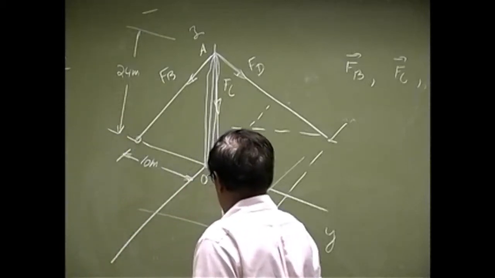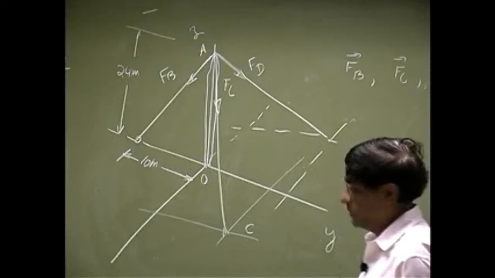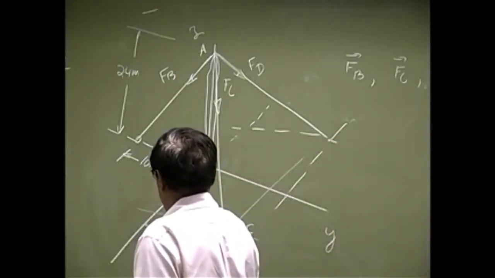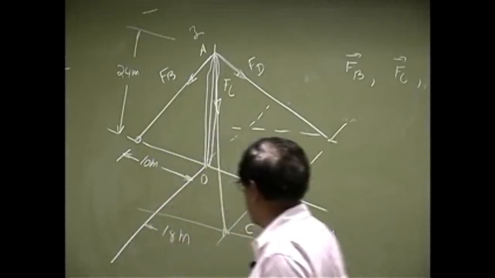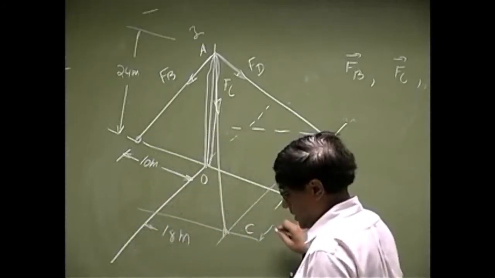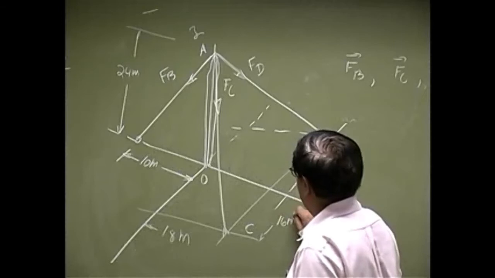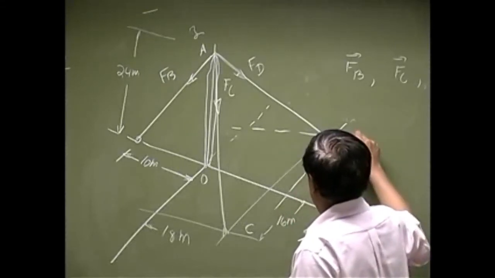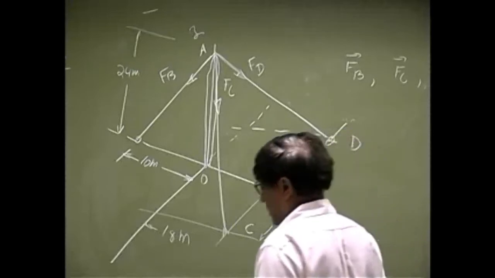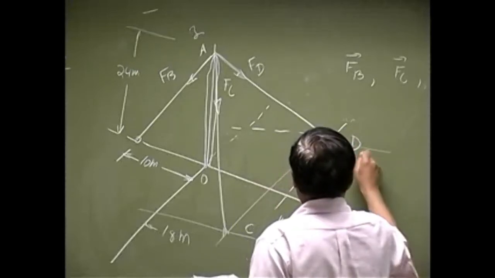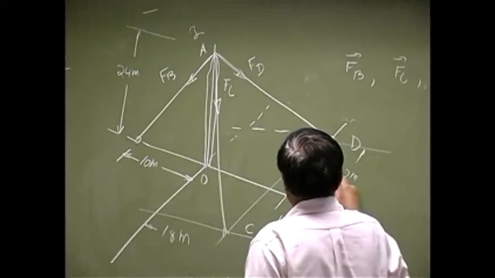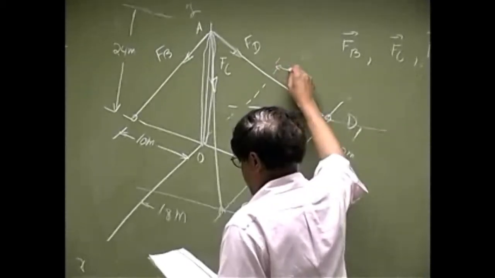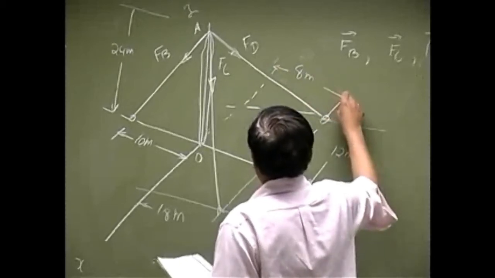Then you also know the coordinate of the peg at C. This length was 18 meters. Then you have this length, which was 16 meters. Then there's another peg here, which is at D. Then you know the length here as 12 meters. Then there's another length here, and that's 8 meters.